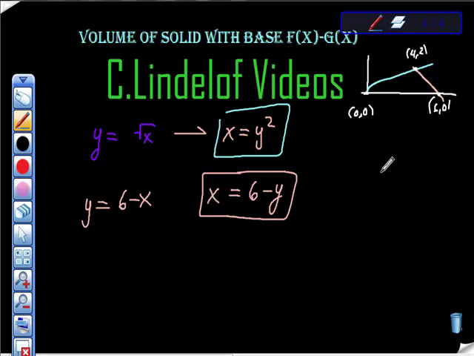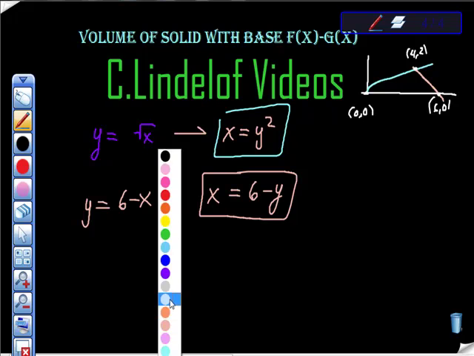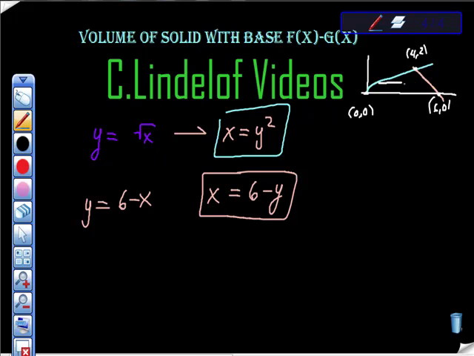This is really important because we have to get an idea of what's going on here. Remember we're doing these cross sections that go this way. So the width is this orange curve minus the blue curve. Remember, we've got our little guy here.